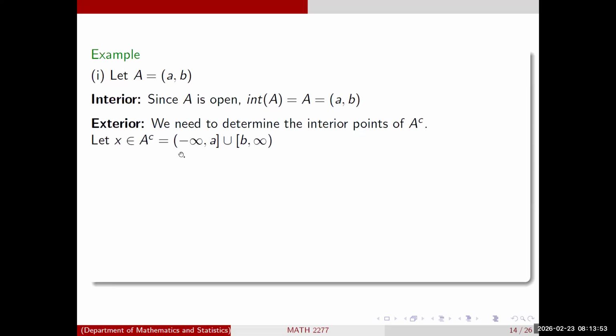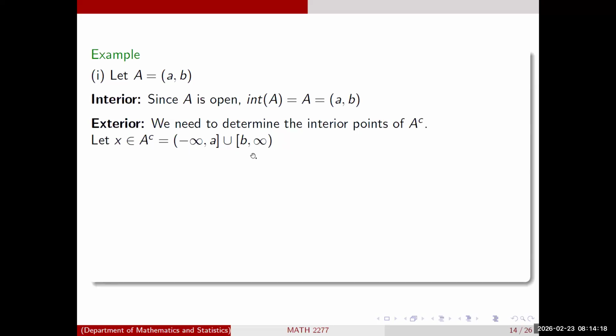If A is the open interval A to B, all points between A and B, then A complement is all points less than A, together with all points bigger than B. So this is the set A complement.